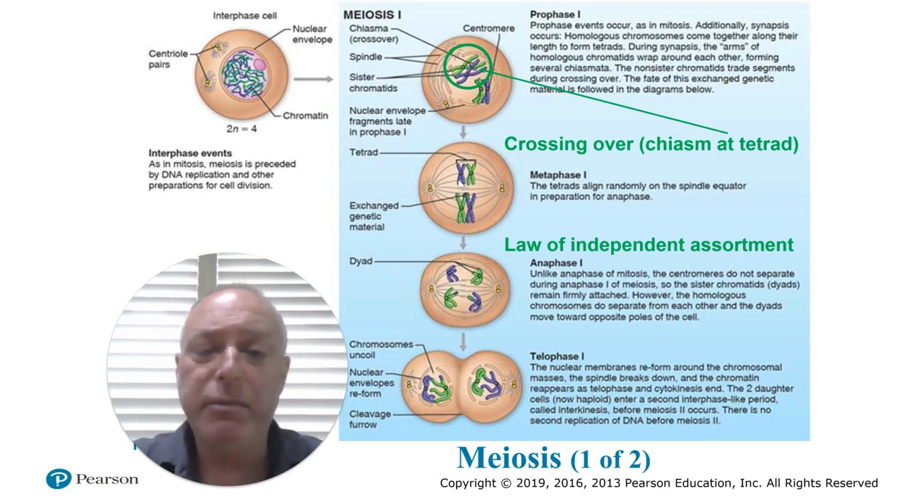So it's random which chromosomes we get: number 1 from mom, number 5 from dad, whatever it might be. Then during anaphase 1, these homologous chromosomes get pulled apart to the poles, A for apart, and telophase is when two cells are formed. Since we have decreased the number of chromosomes by half, we are now at our haploid complement at the end of meiosis 1.